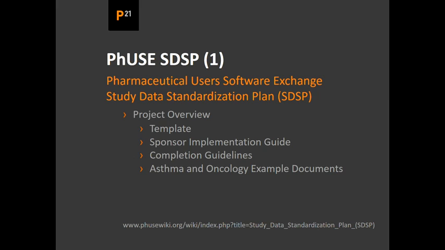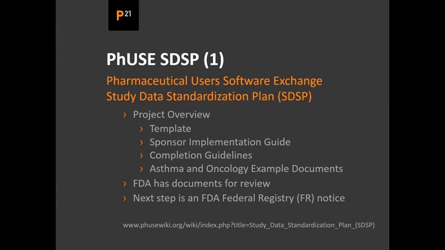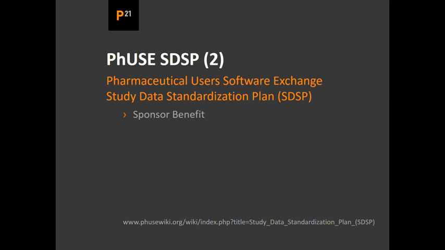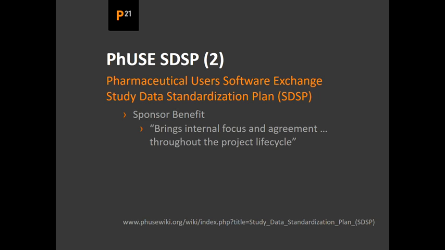So I already mentioned that there's a template, an implementation guide, completion guidelines, and 2 example documents for both asthma and oncology. I already mentioned that the FDA has the documents for review and the FR notice. The FUSE implementation guide describes the sponsor benefits.